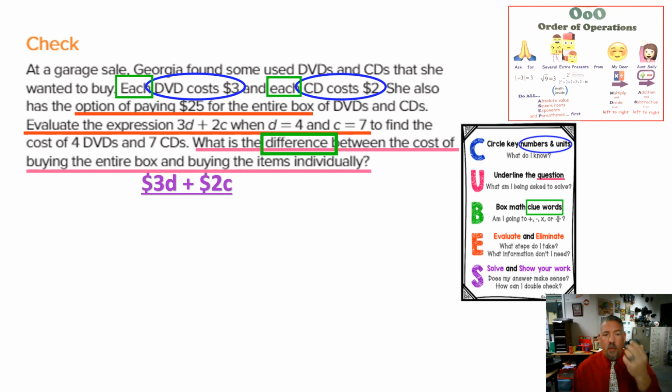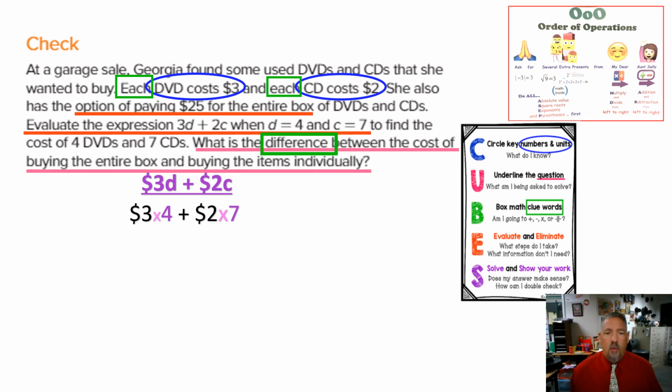So if I start with the math problem they tell me to evaluate, I have 3D plus 2C. And if I plug in the information they give me, then I know that I have $3 times, right? Because I have a number, a coefficient, and a letter, a variable. Those touching is multiplication, $3 for a DVD, and I bought 4 DVDs, so I have 3 times 4.